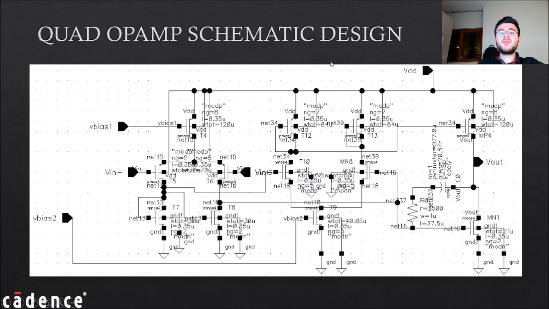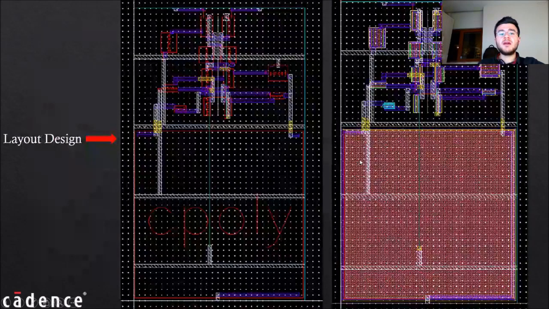In the second part of the project we are supposed to make a quad OPAMP, and in order to do this I separate the bias circuit and the amplifier circuit from each other. After doing that, here you can see the layout design of the amplifier part, and here NMOSs and PMOSs are vertically symmetrical to each other.